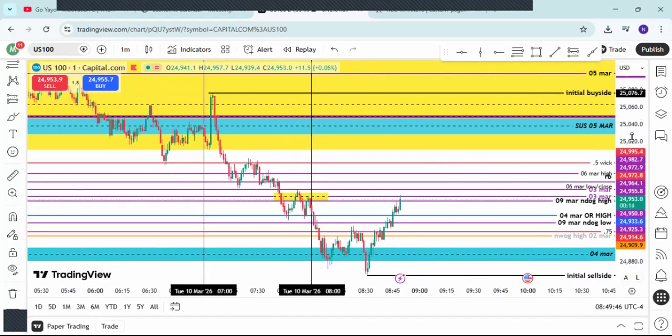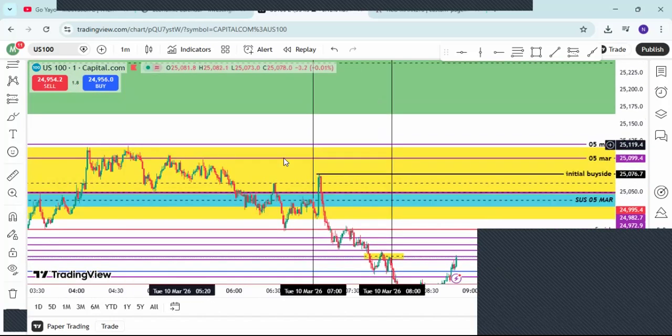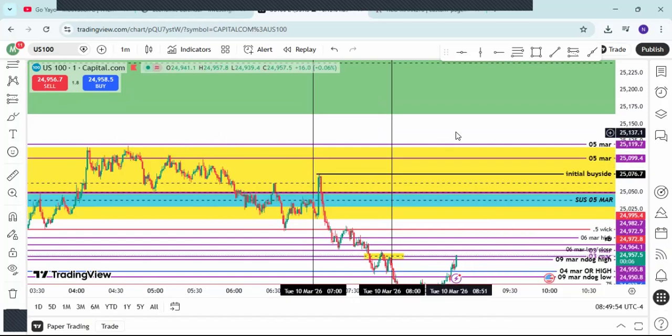So yeah, that's that. Gonna see above these two highs. Should we see a sell, we can take it.